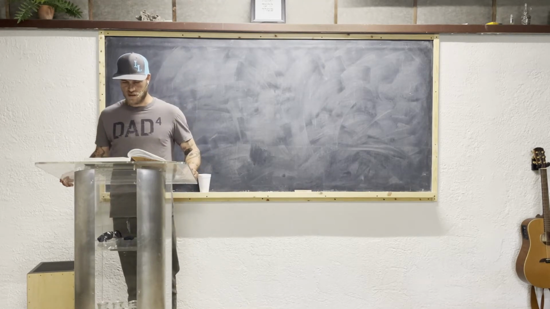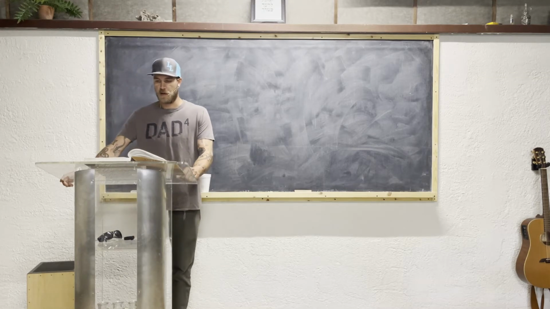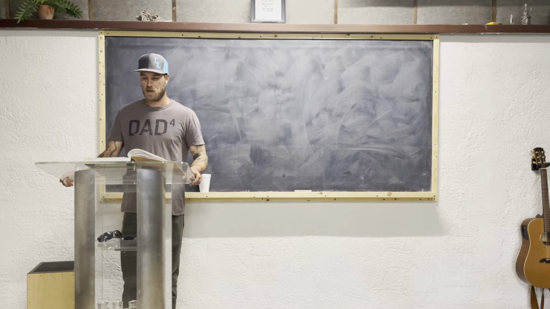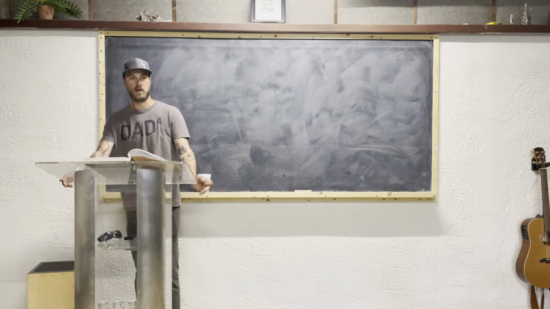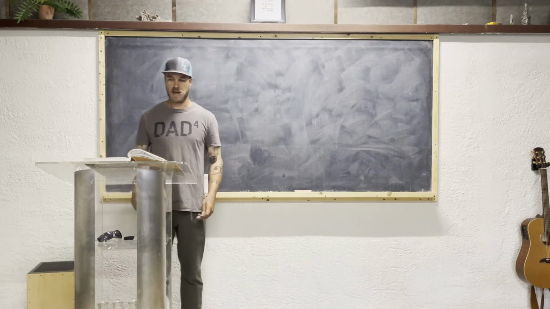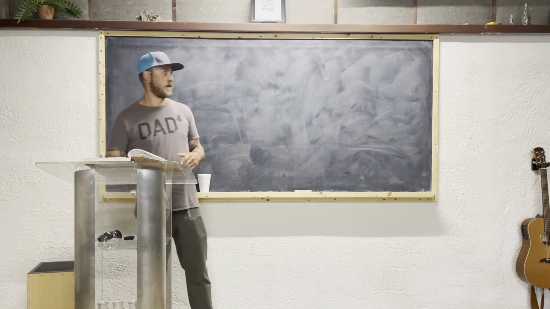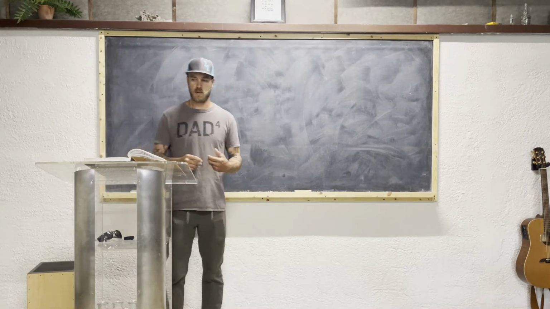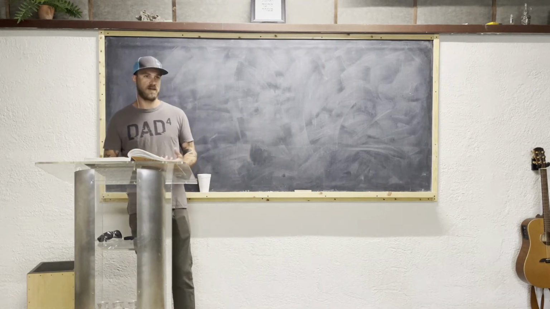So top of page 61. As you remember, a noun can be made definite by adding the hey. Easy, right? Adding a hey to the beginning of the word. Proper nouns, names of people and places are definite by nature. So they're already definite. So like we have names of cities like Jerusalem, or countries like Egypt or America or Israel or whatever, they're already definite.